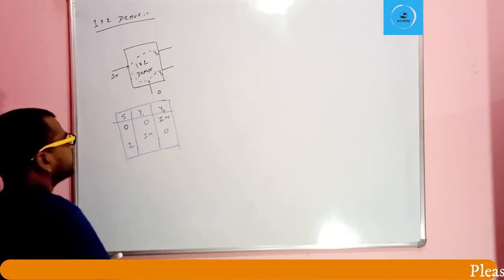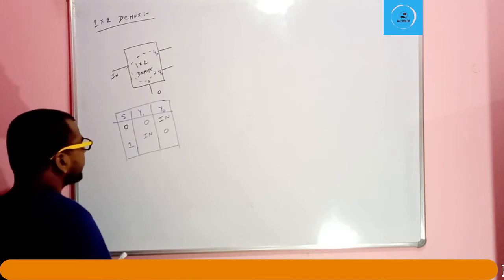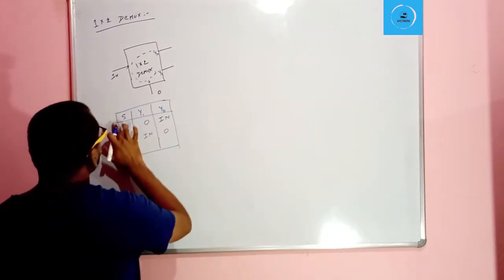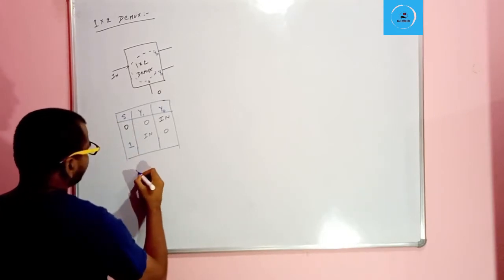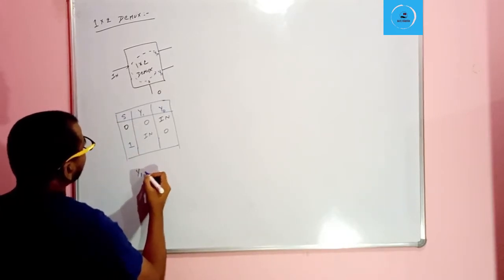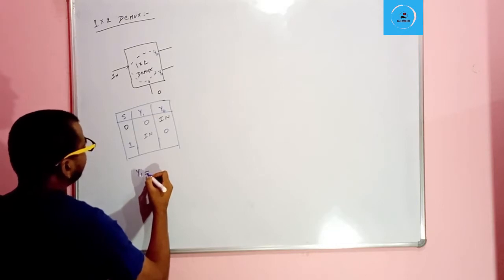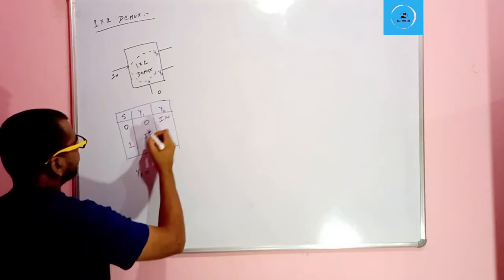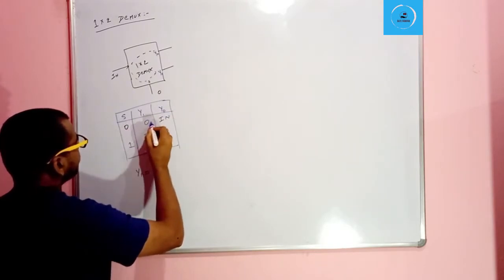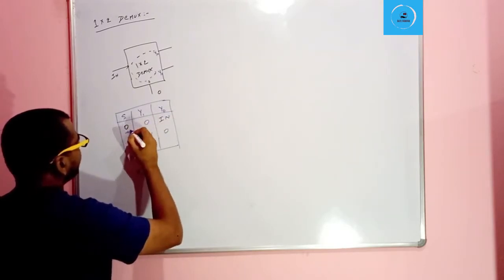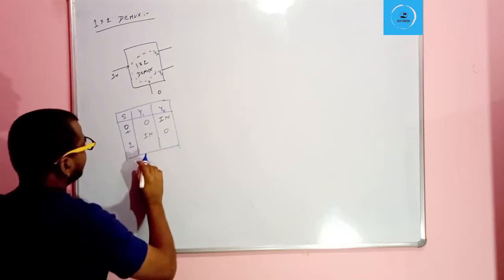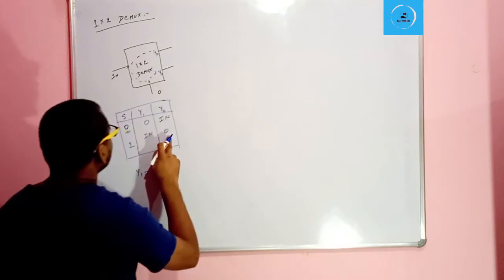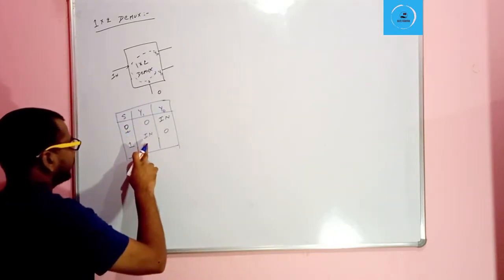So we can write the Boolean expression from our truth table. For selective line 0, Y1 will be equal to 0, and for selective line 1, Y0 will be equal to 0 and Y1 equal to 1.